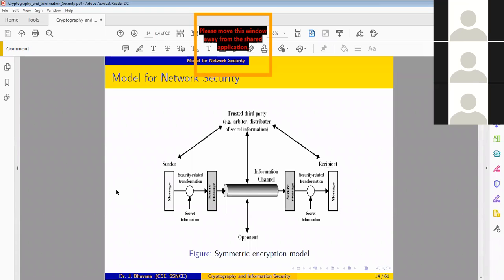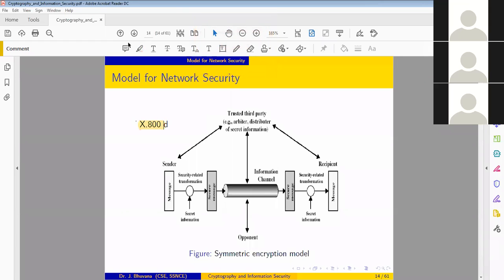So I'm going to apply some kind of transformation on the message I'm transmitting. After transformation, I'm going to call that message a transformed message, or otherwise a secured message. I generate the message, and I transform that message into a secured message.